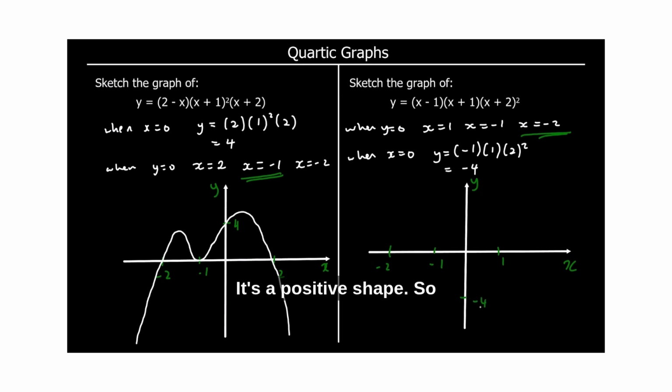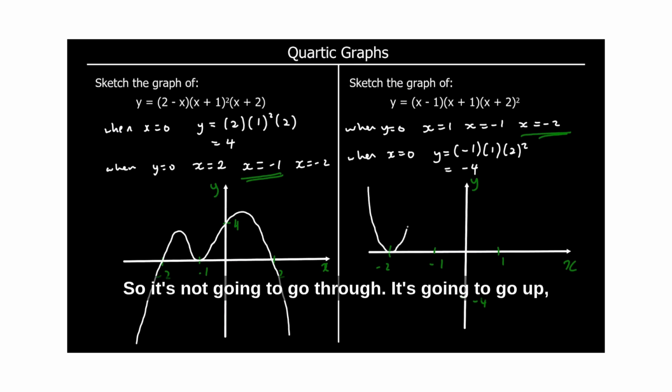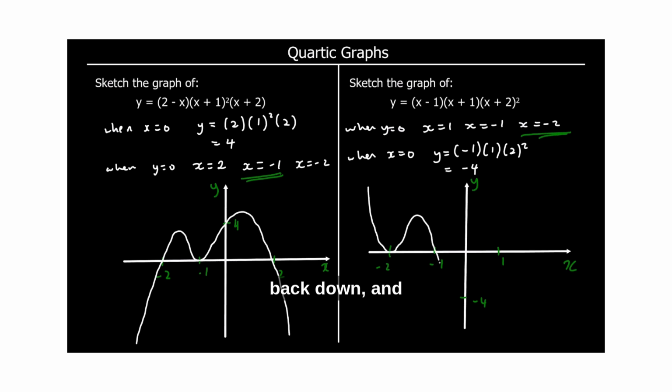It's a positive shape, so it's coming down from the top. -2 is a repeated root, so it's not going to go through, it's going to go up, back down, and up again.